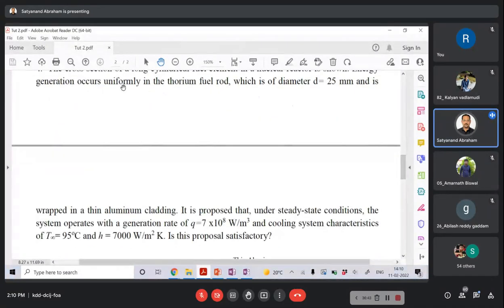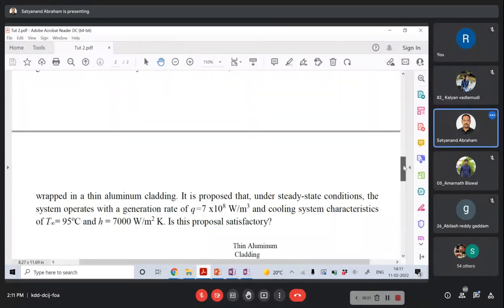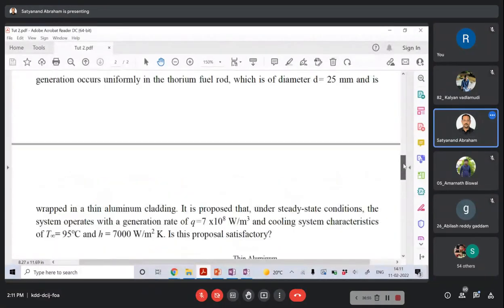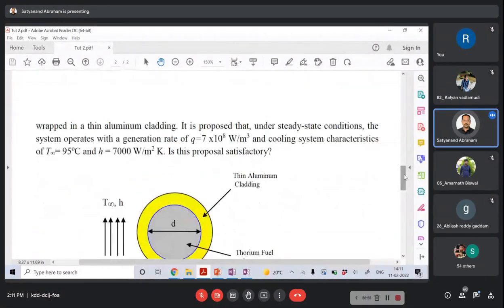Energy generation occurs uniformly within the thorium fuel load, which is of diameter d equal to 25 mm. So here uniform heat generation is given. And it is wrapped in a thin aluminum cladding. Thin again means its thickness is negligible.